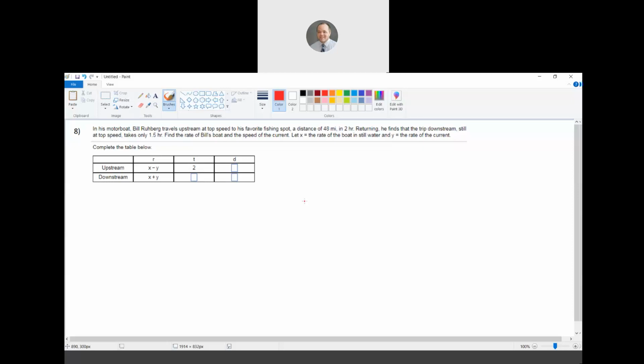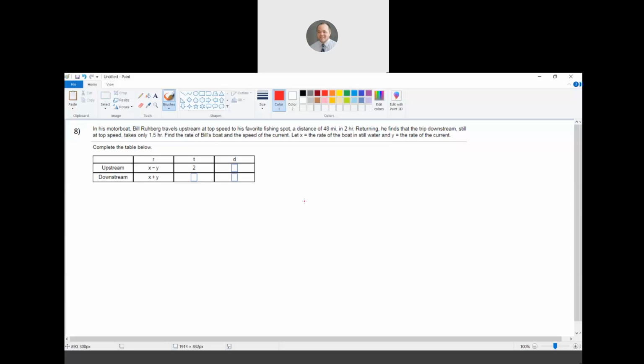Our table is already completed for us, but let me explain how MyMathLab got each rate. X minus y for upstream. X is Bill's rate of his boat. And because he's going upstream, he's going against the current.